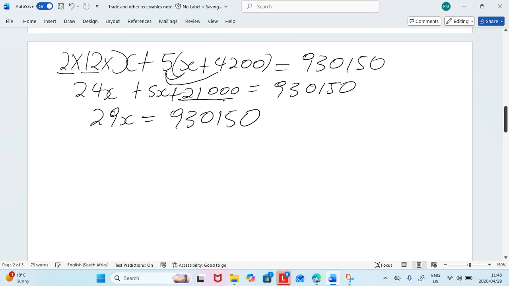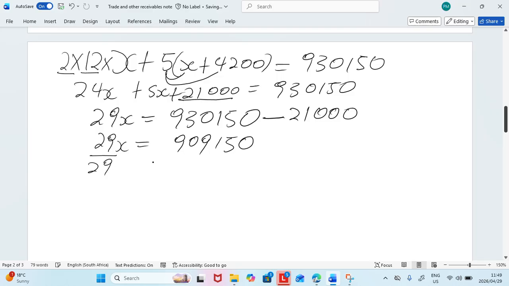Take the 21,000 from left to the right. The sign will change into a negative. After that, you have 29X equals 909,150. You divide by 29 both sides.